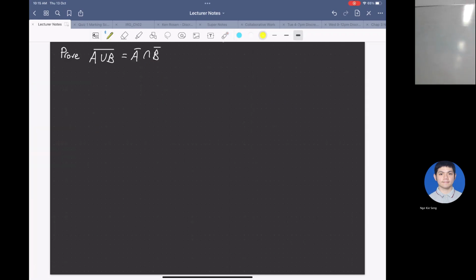Okay, so prove this identity. This is one of the techniques you need to master. To show the equality of sets, you need to show two set inclusions.